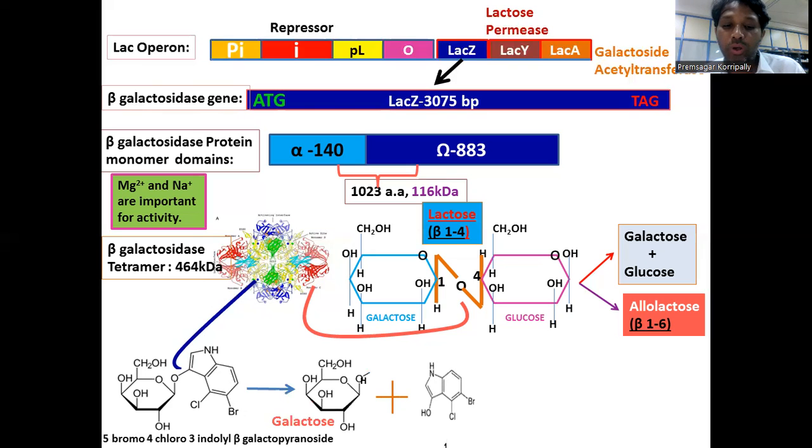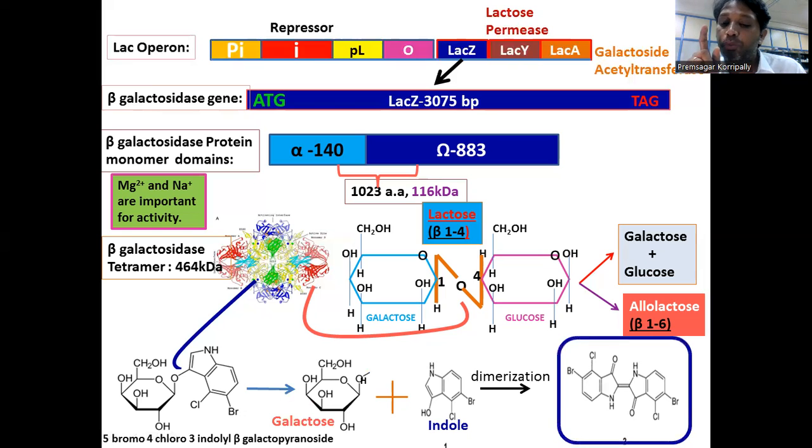Galactose and indole. So whenever indole is released, the indole is immediately dimerized and produces a blue color precipitate.